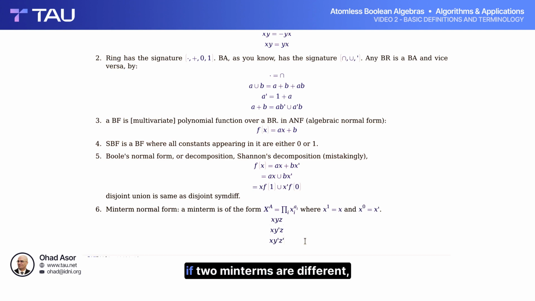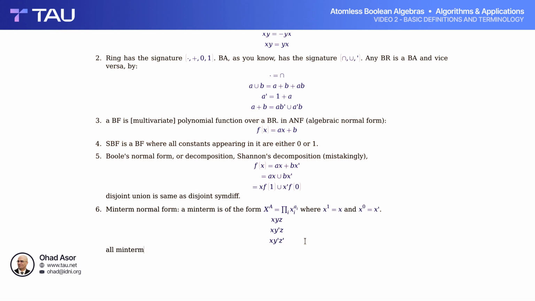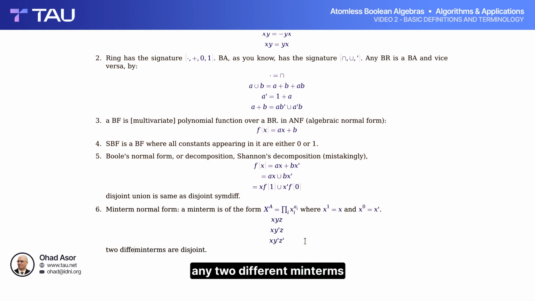Indeed, if two minterms are different, then one variable appears positively in one minterm, and negatively in the other minterm. Therefore, the conjunction is 0. So we can see that any two different minterms are disjoint.